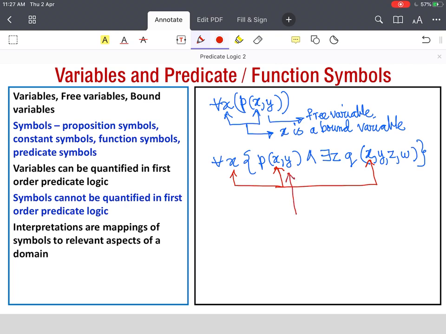Whereas, since y is free, this y and this y are free variables. Similarly, this z is bound by this quantifier. This is a bound variable. x is bound, z is bound, and w is free.